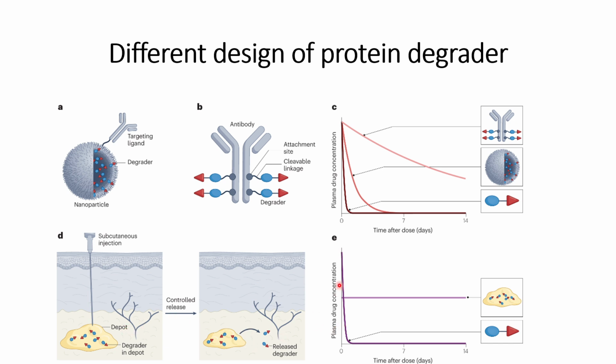And this is evident in panel E, where we can see that the controlled release gives a high dose even after around 14 days, whereas in the case of the protein degraders alone, the half-life is very low, and they have not shown the time period for degraders releasing from the depot at an uncontrolled rate, because most of the time people use these degraders with a controlled release rate.